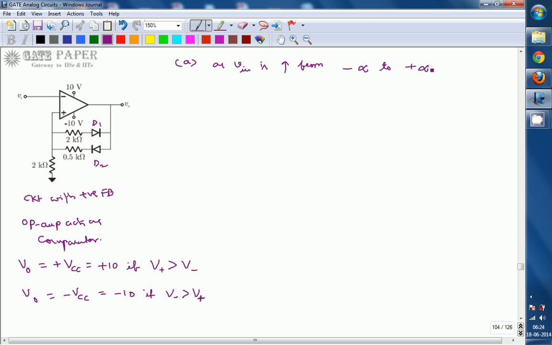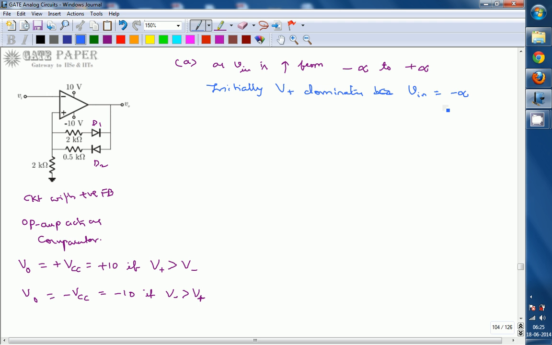So initially V plus is going to be dominating in this case. V input is connected to the inverting terminal, so initially V in is more negative, so V plus, the voltage on the non-inverting input, dominates, because V input is assumed to be minus infinity, which is less than V plus.